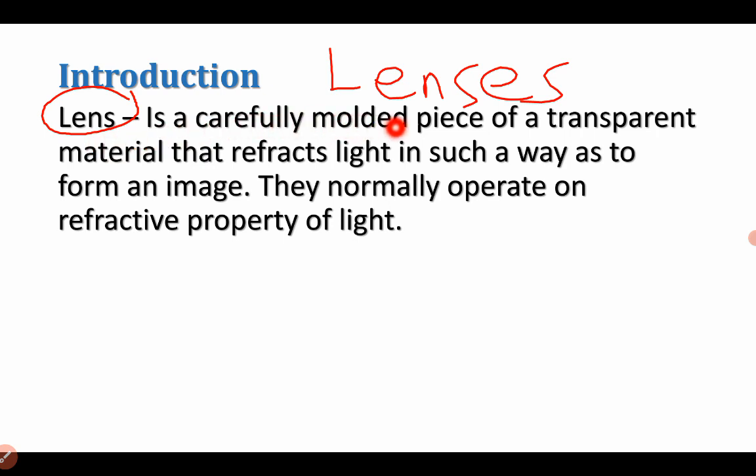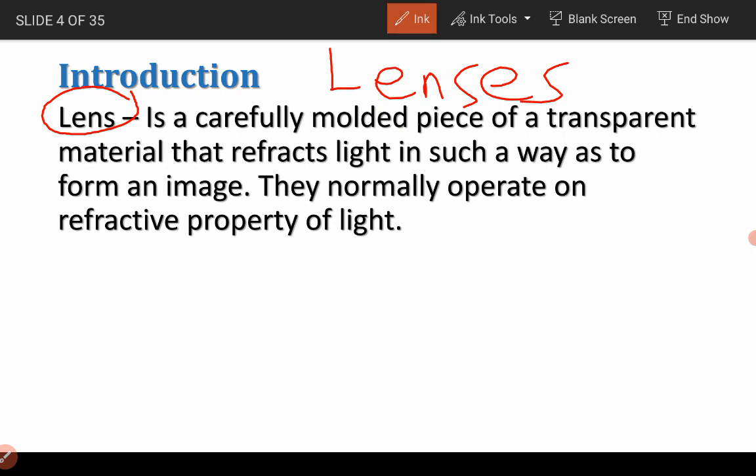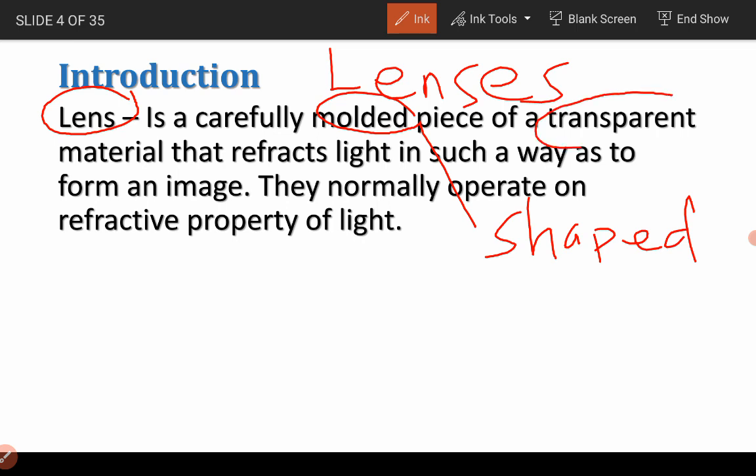So the definition is saying a lens is a carefully molded. The word mold means shape. So it's a carefully shaped piece of transparent material. Transparent means allowing light to pass through and also being able to see through.